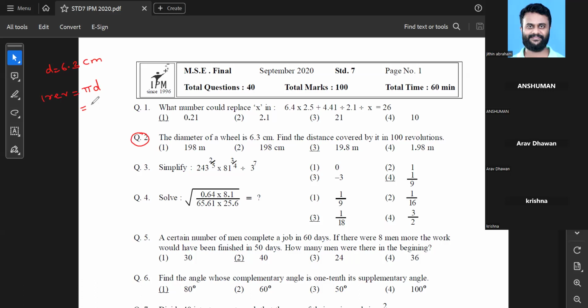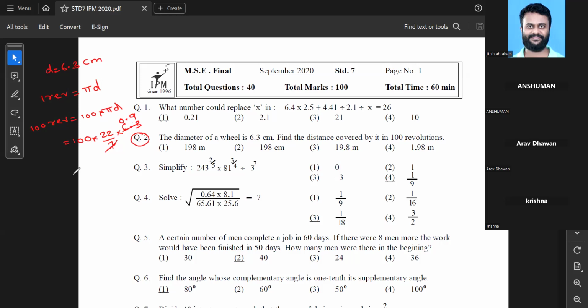Therefore, in 100 revolutions, it will cover 100 multiplied by pi multiplied by d. So let's solve this. 100 multiplied by pi, which is 22 upon 7, multiplied by d, which is 6.3. 7 nines are 63, so I'll write 0.9 over here.